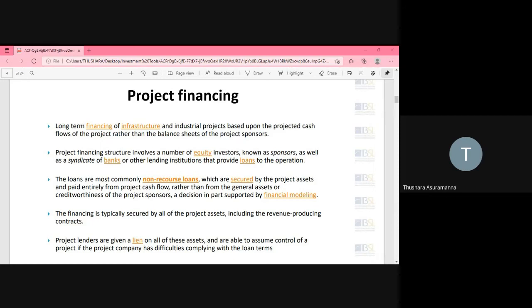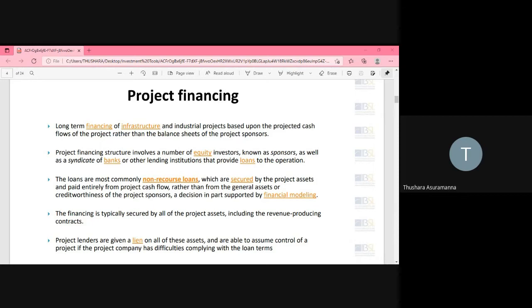Then the creditworthiness of the project sponsors is a decision in part supported by financial modeling. So basically, it talks about the security of the project. Now, generally, when you give a loan to a company, you expect to take collateral.